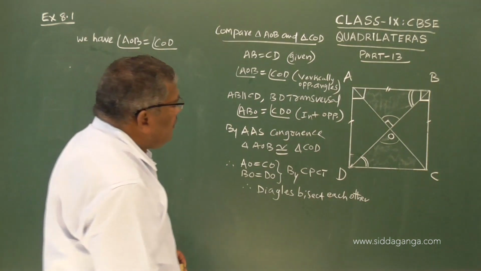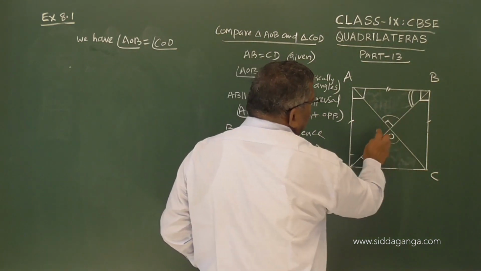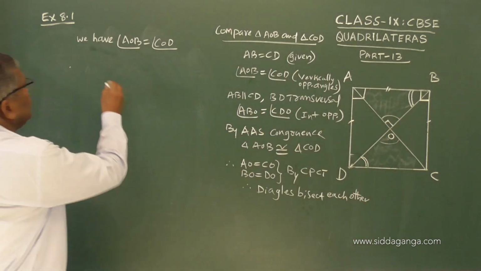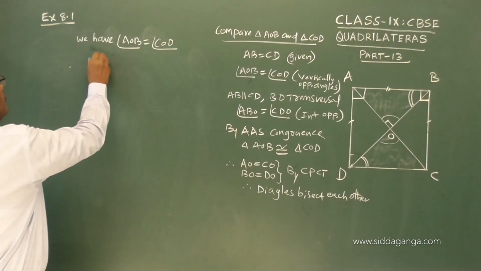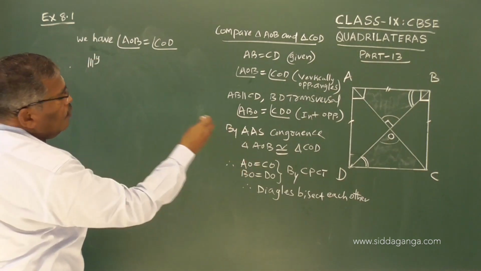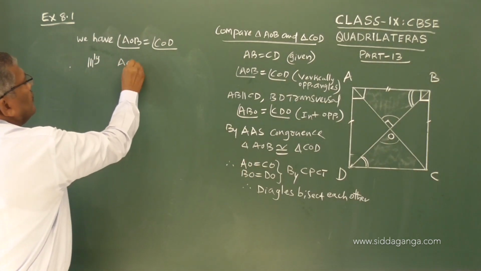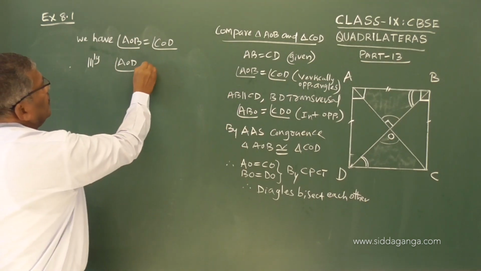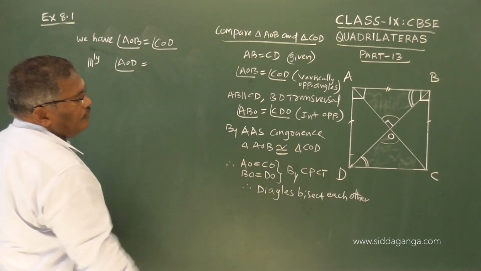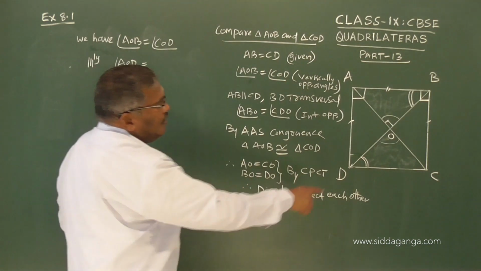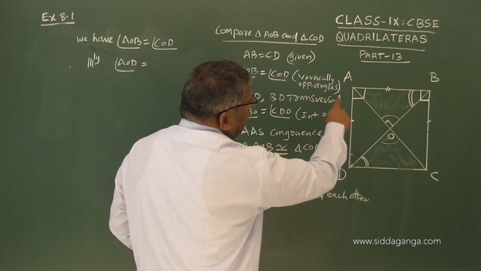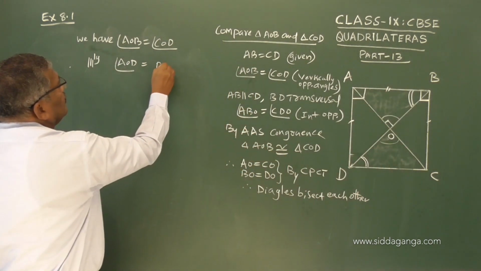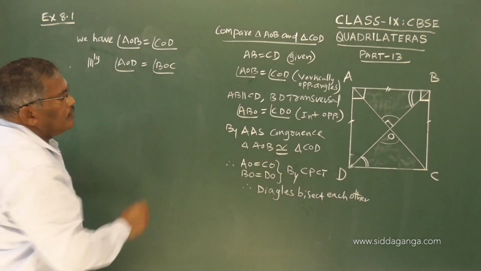See, in a similar manner, we can show that these two are equal and equal to 90 degrees. Similarly, for AOD, we can follow the same procedure. AOD is equal to BOC.